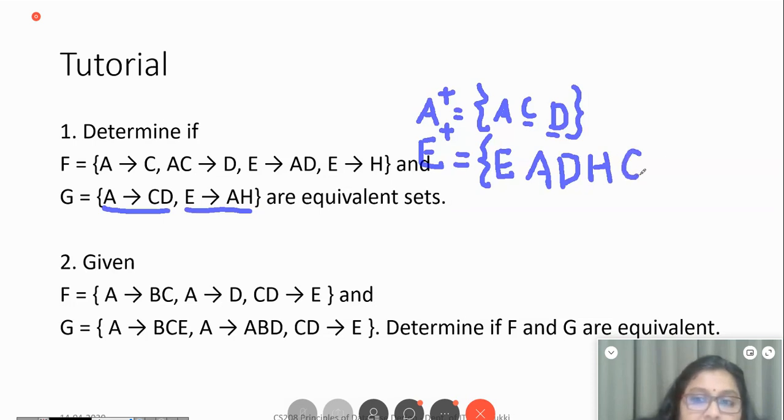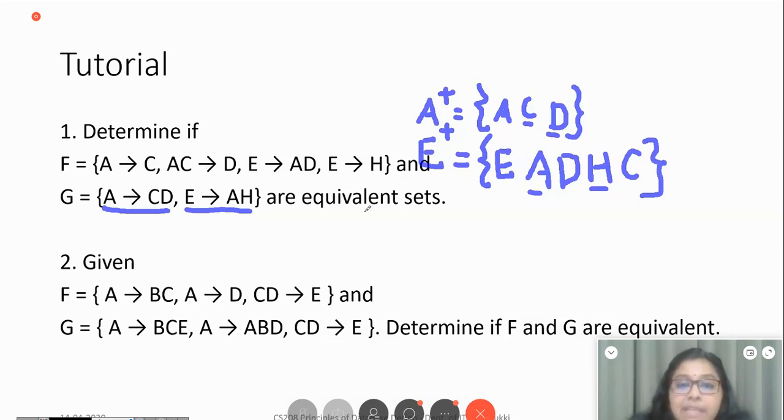A and C are already members. So AC determines D. D is already a member, you don't have to include it. Then E determines AD. Yeah. So E determines AH. So A and H are part of this attribute closure set. So this means that this FD is also covered by this FD, isn't it?